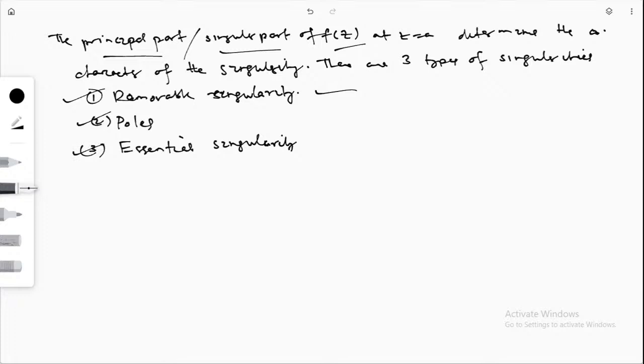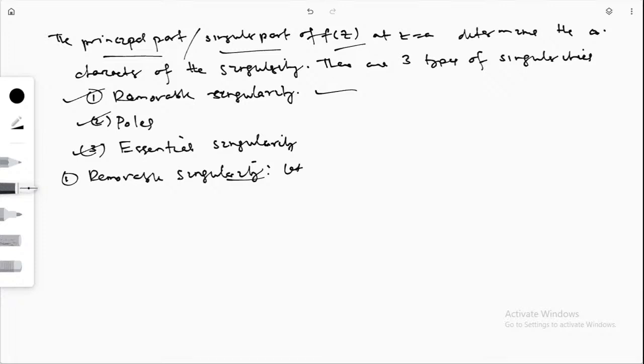Now, let me take the first one first. What is a removable singularity? What is the definition of removable singularity? Let a be an isolated singularity of f of z.